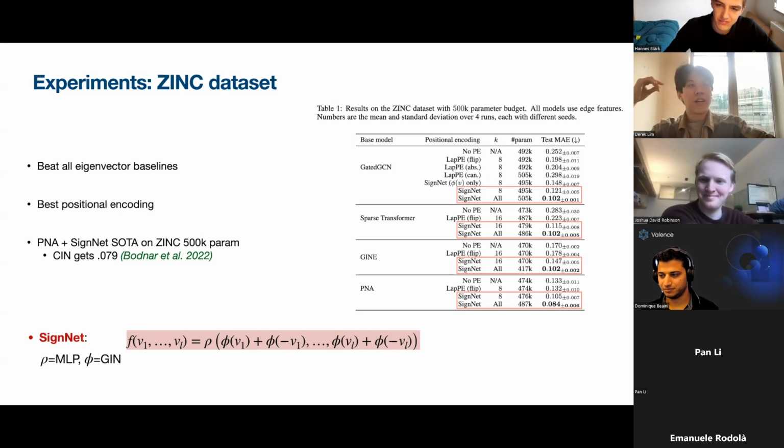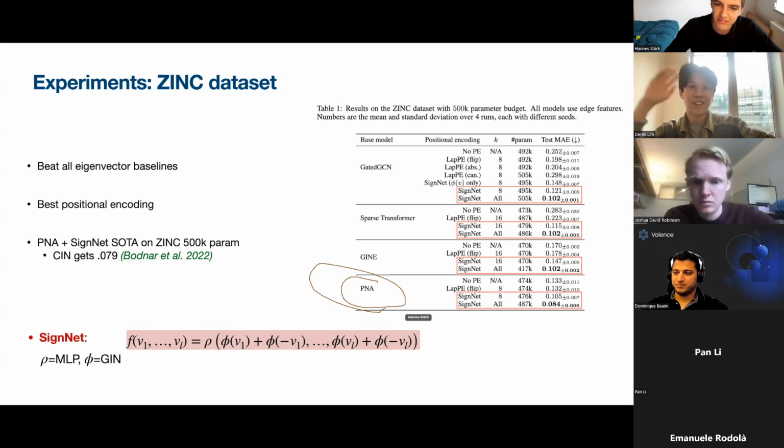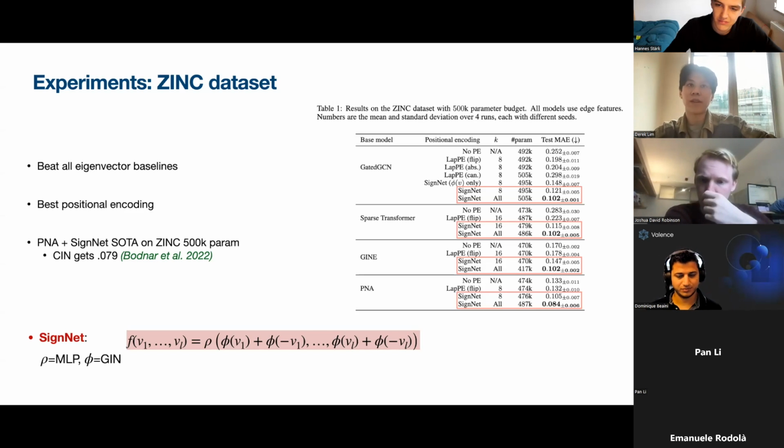And our PNA result, when we use PNA, principal neighborhood aggregation, as the prediction model and SignNet as the positional encoding, we essentially get state of the art, except for this thing called SIN. They do pretty well. Some people would call it domain specific information, like which structures in a molecule are important, the rings and stuff.